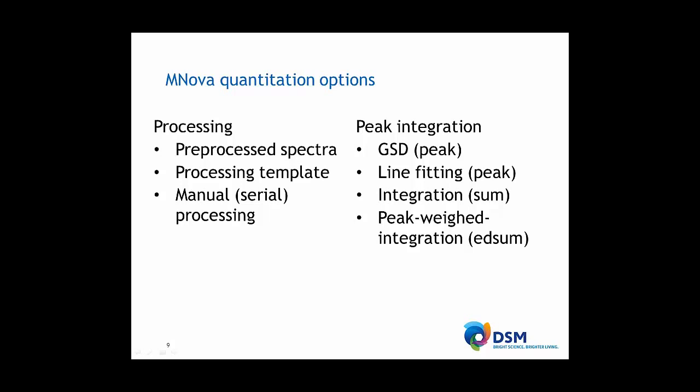And many users, of course, already know this. For the peak integration, there are options. First of all, the GSD was used, and line fitting, as well as integration and peak weight integration. That's introduced, I think, almost 2 years ago now. And I also had a look at that when I did the experiments.